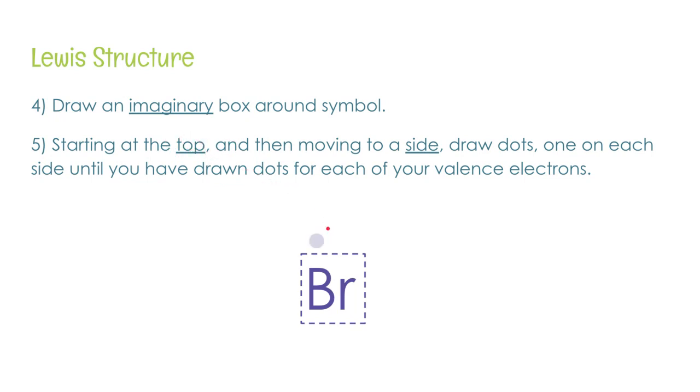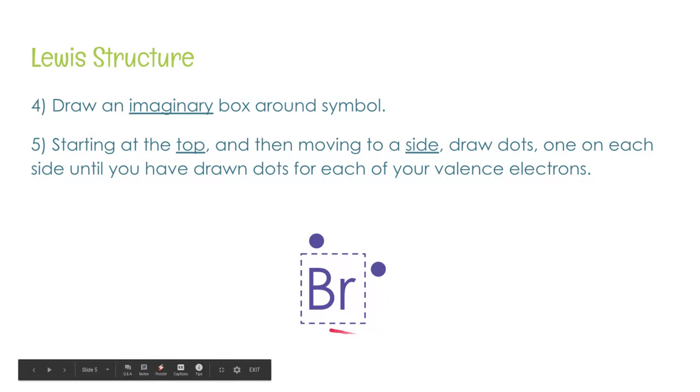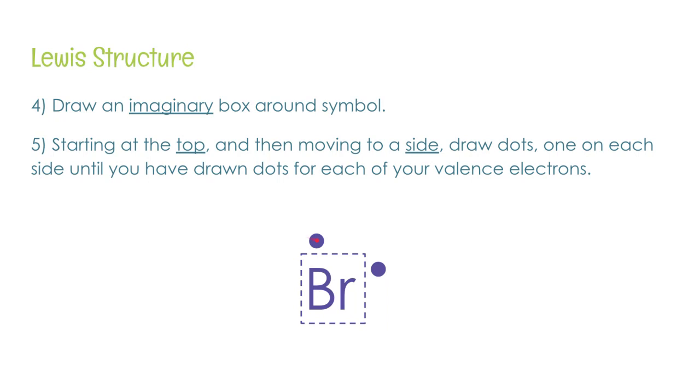I'm going to put 1 electron at the top, and then I'm going to move to the side and give my next electron. And I'm going to continue around the sides of the box until I've drawn all 7 of my valence electrons. All right, so I have 1, 2, 3, 4, 5, 6, 7. And then I can remove the imaginary box.